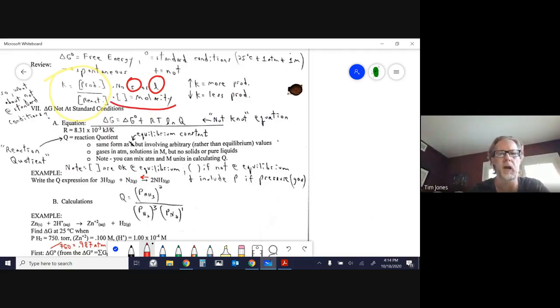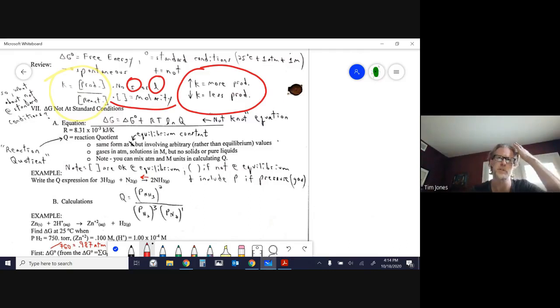And if you have a very high K value, this more has to do with equilibrium review, that means when the reaction reaches equilibrium, you'll have a lot of product and not so much reactant. If you have a low K value, you will not have very much product and you'll have a lot of reactant. We'll get into some of those details about the value of K later in this lesson, and of course when we do a more thorough equilibrium review.